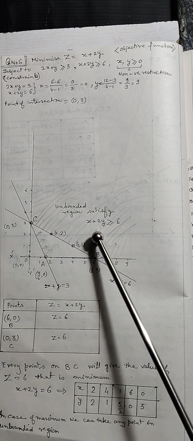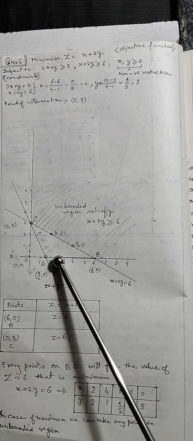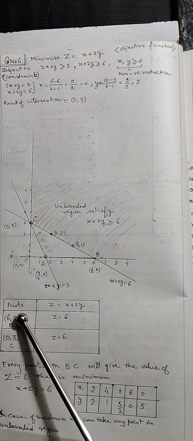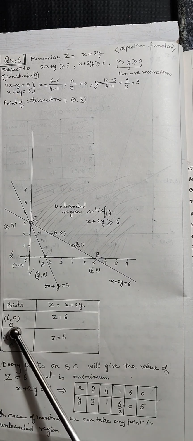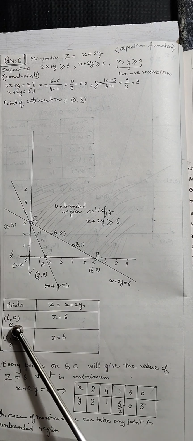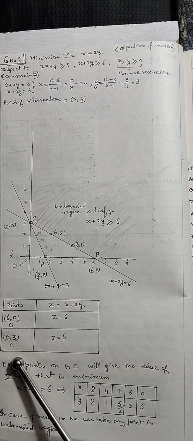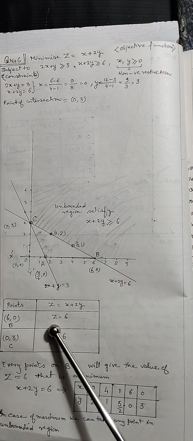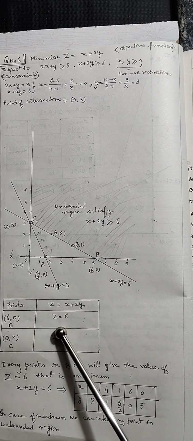So any point which lies above these lines will satisfy the given inequation. The corner points which I am discussing are B, that is 6, 0, and C, that is 0, 3. Find out the value of Z, that is the objective function.